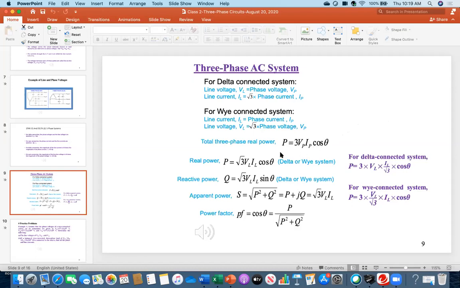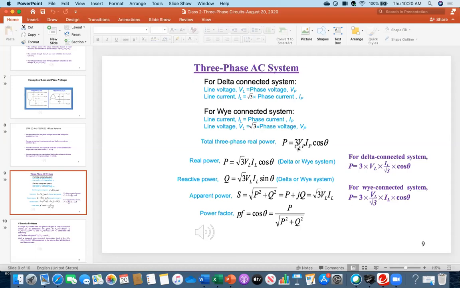That's why, although this equation is valid for the total three-phase real power, in a realistic system voltage is expressed in terms of the line quantity, so you have to use the symbol VL. That's why we have to represent this equation in terms of the line quantity. See the next line, real power.